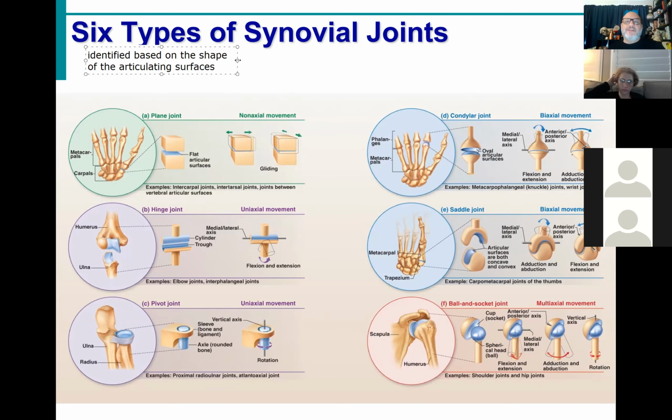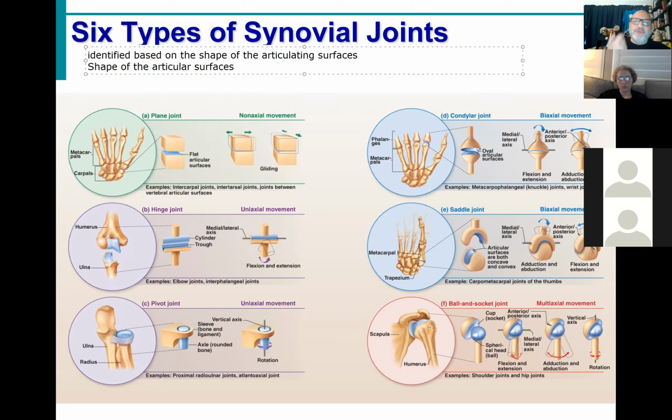However, the other important thing to remember is that the shape of the articular surfaces determine the movements that they allow.